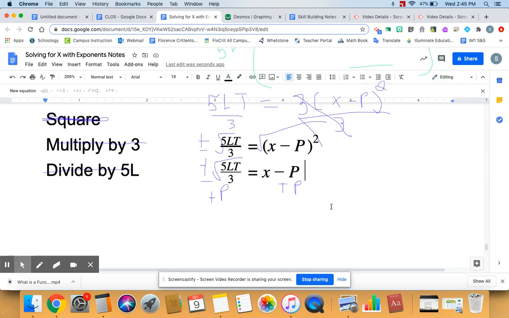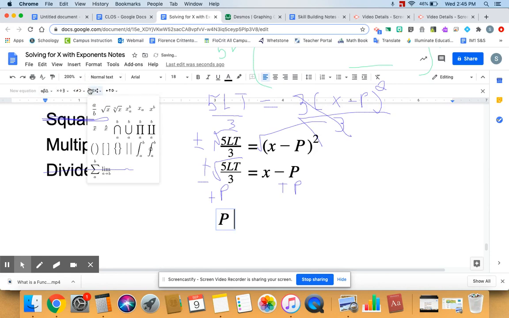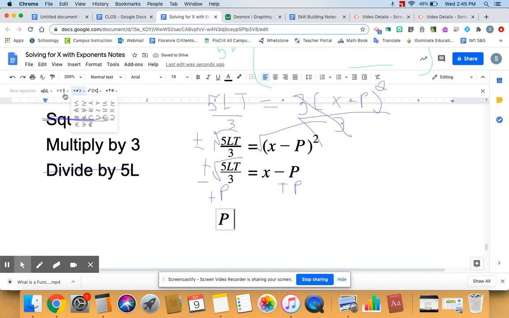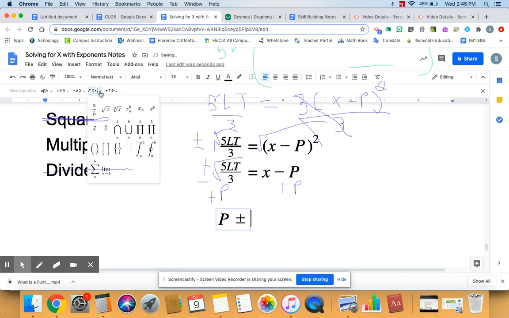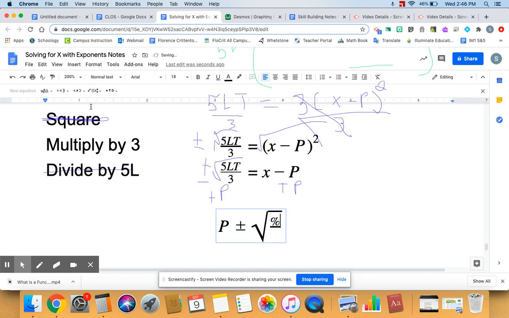It really doesn't matter as far as the answer goes. It's just that the answer is p plus or minus the square root of 5LT over 3. And that's what x equals.